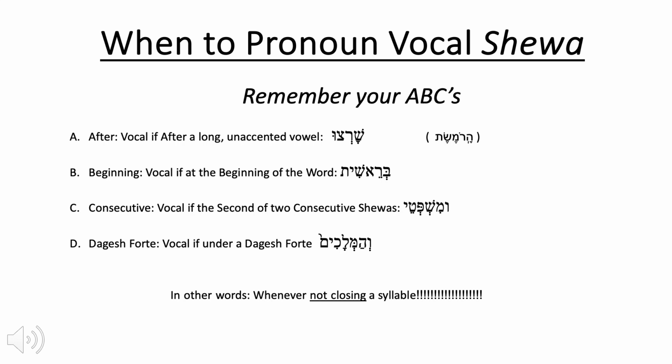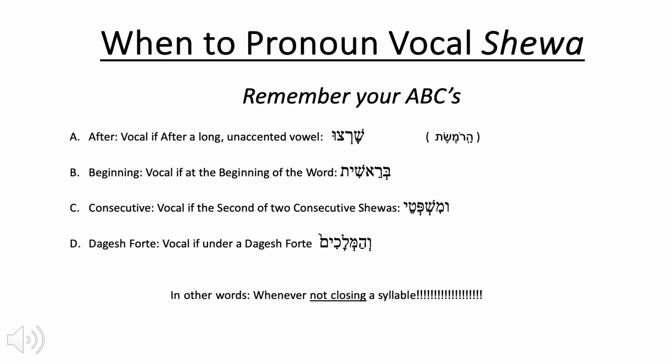Rule B. Always pronounce the schwa if it is at the beginning of the word, or in my example here, the beginning of the Bible, since this is the first word of Genesis. Ba, pronouncing the schwa, ba-re-sheet, in the beginning. Rule C. Always pronounce schwa if it is in the second of two consecutive schwas.